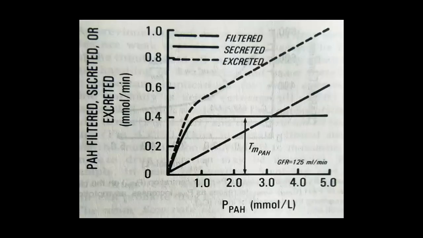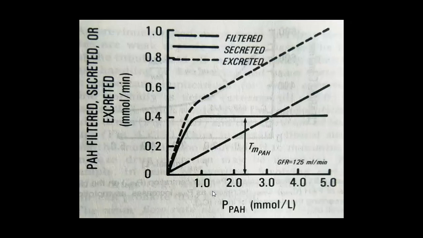Now, similar to this glucose titration curve, we can obtain the PAH titration curve. The difference is that PAH is classically secreted. It is filtered and it is also added by secretion. So the curves are entirely of different types.